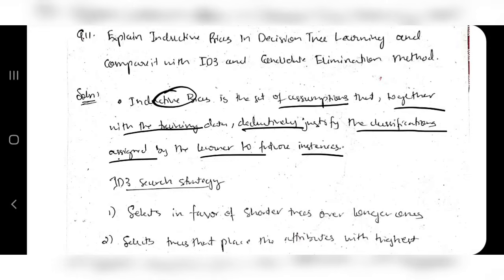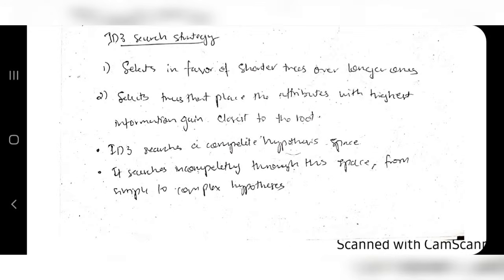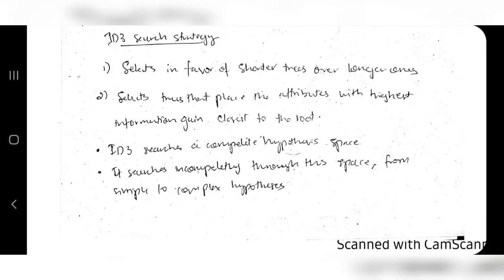It just adds some information to whatever search we are doing so that a better search will happen. That's all. For ID3, some of the features are it selects shorter trees and selects the trees which place the attributes with the highest information closest to the root node. ID3 searches the complete space, and it searches incompletely through the space from simple to complex hypotheses. Sometimes it searches completely, sometimes incompletely.